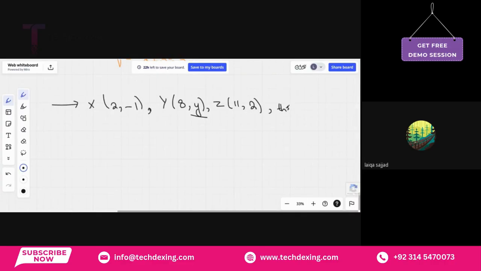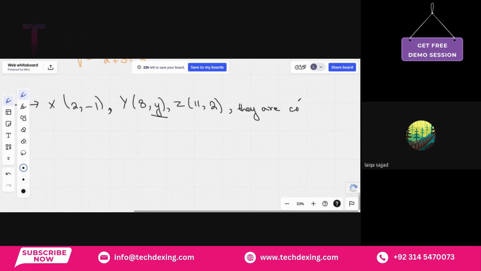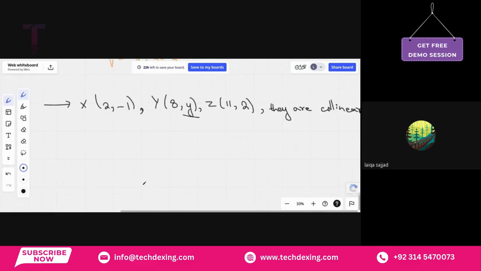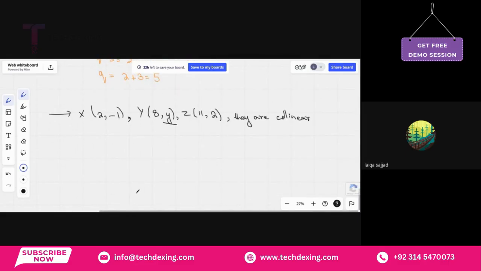Collinear. What do we mean by collinear points? The points that lie on the same straight line. For example, if I am having a line like this, they will lie on the same straight line like this.